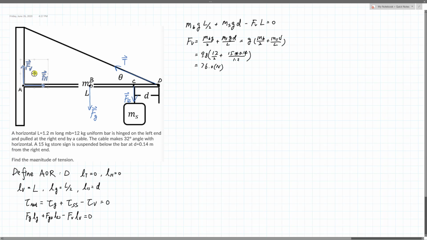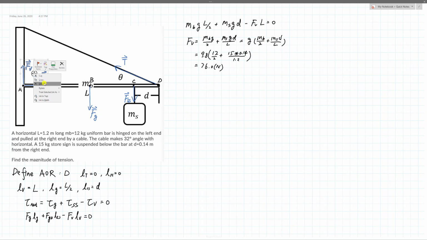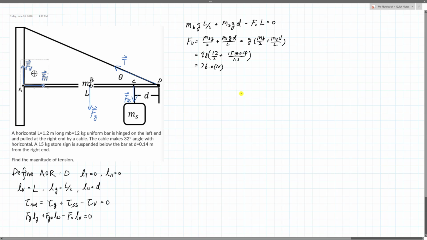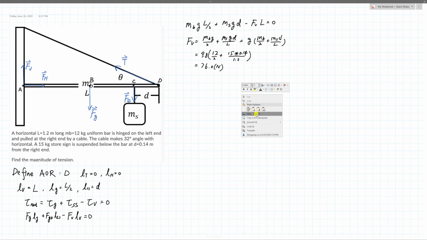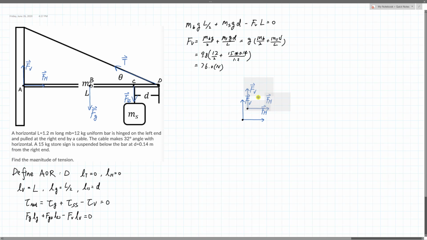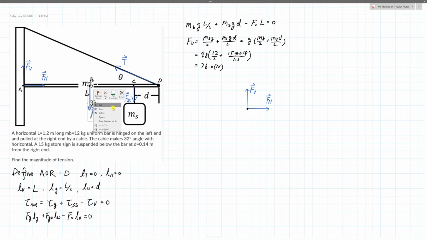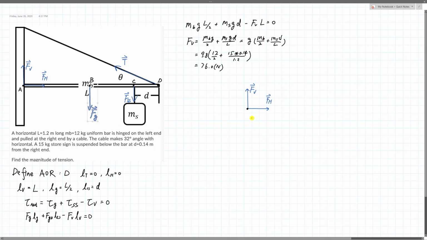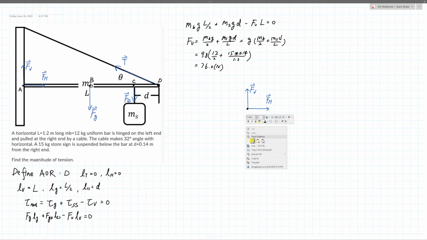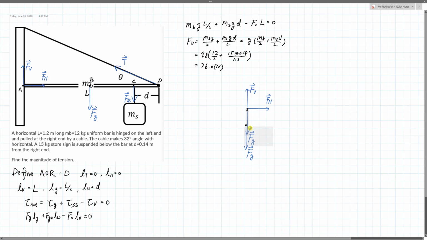I'll copy and paste, and paste it over here and just move them together.